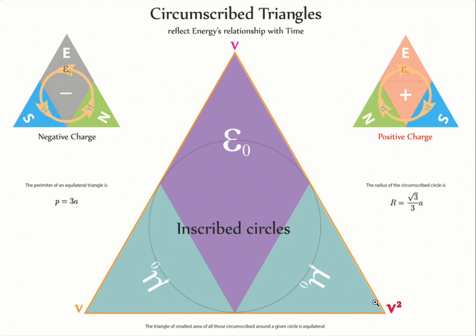As we just mentioned, the circumscribed triangles, or triangles outside circles, careful with the terminology here: inscribed circle, circumscribed triangle is different to a circumscribed circle with an inscribed triangle. You'll see that shortly. But in the case of circumscribed triangles or inscribed circles, as I've just mentioned, we can use the inscribed circle to represent the energy flux of energy within any zero point field or any quanta of energy.